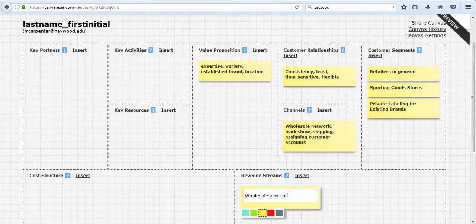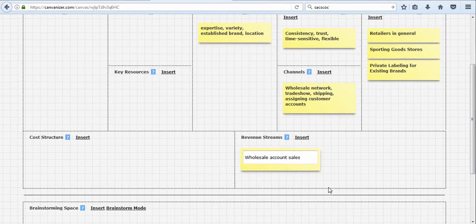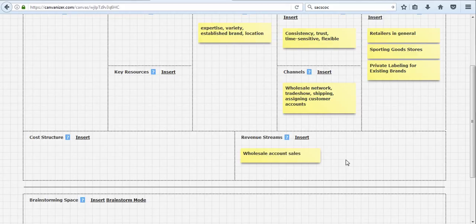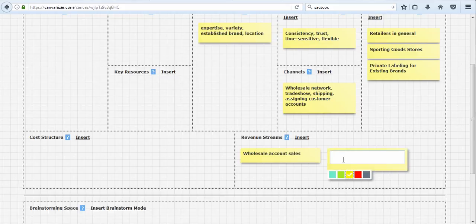You can word it whatever way makes sense to you. This is really kind of a brainstorming process anyway. And then, for example, if you had maybe an e-commerce site or something, you might want to mention something like that. Just try not to double dip.